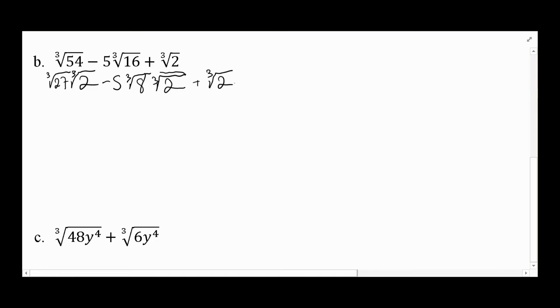Now the other thing that I would do on these problems is I've got that plus cube root 2 at the end. I'd actually write its coefficient of 1 if I were you. It might help. So we've got the cube root of 27 is 3 in our take the radical step. Cube root of 8 is 2.